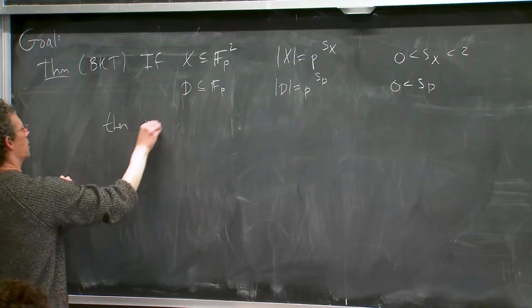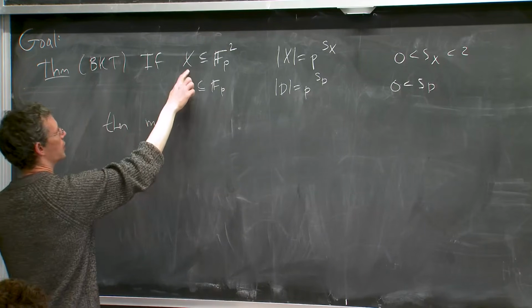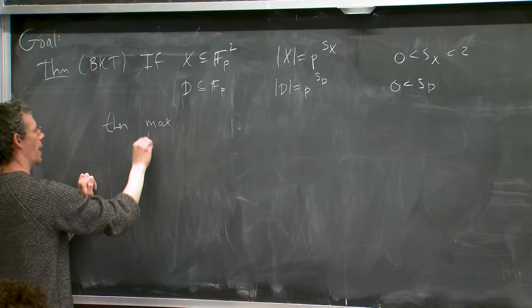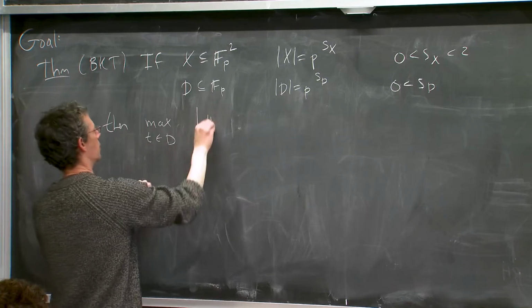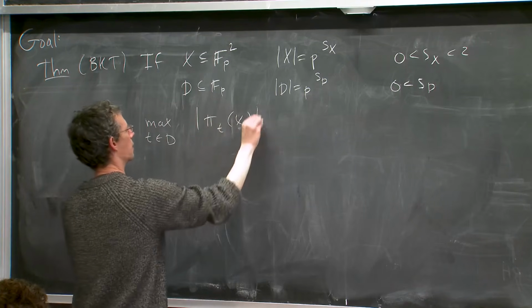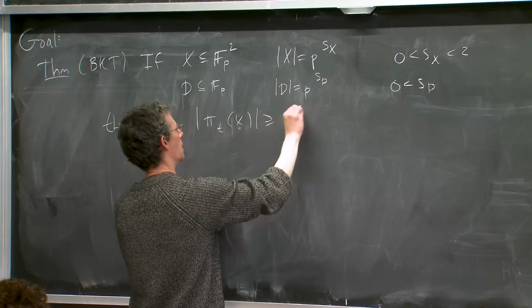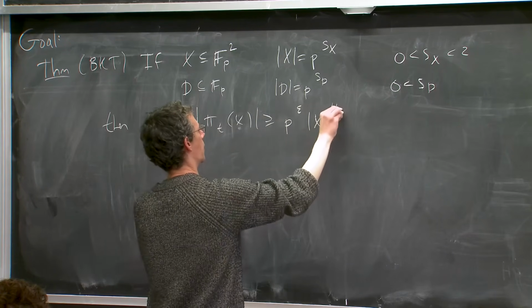Then the maximum t in d of the projection t of x is at least p to the epsilon times x to the 1/2.